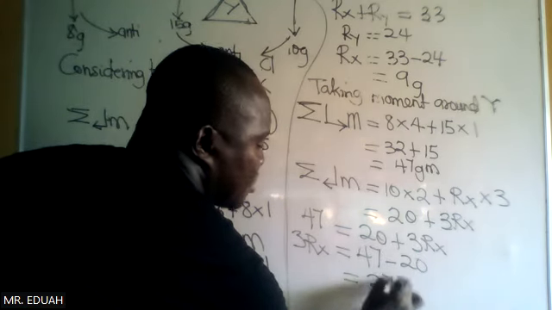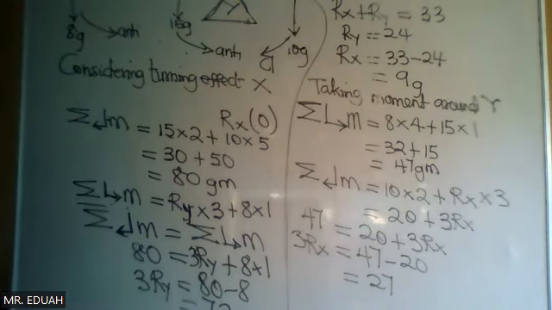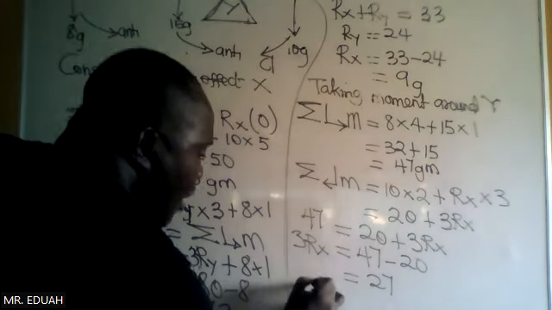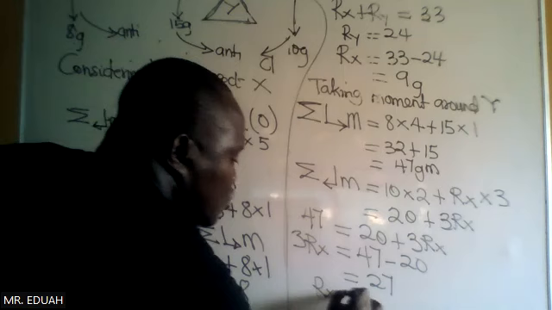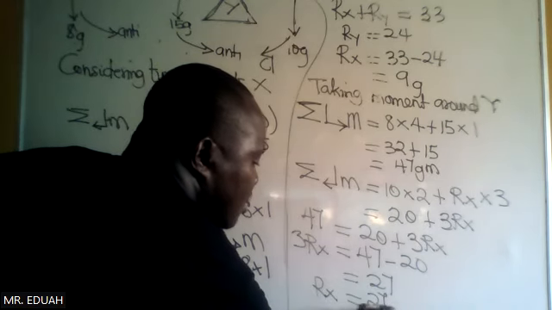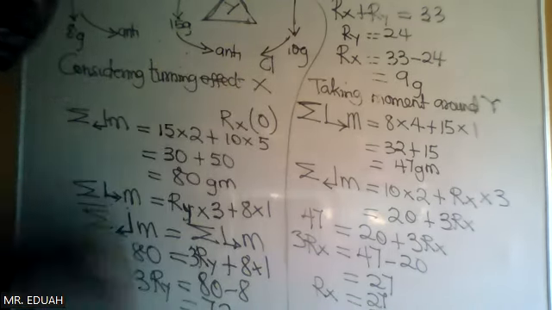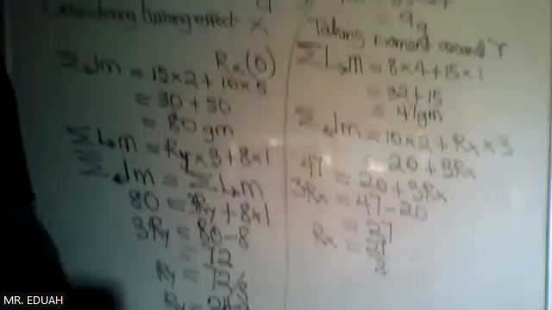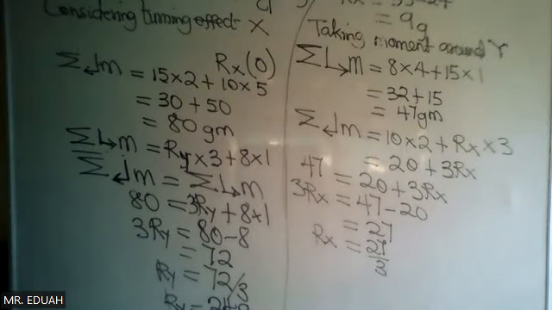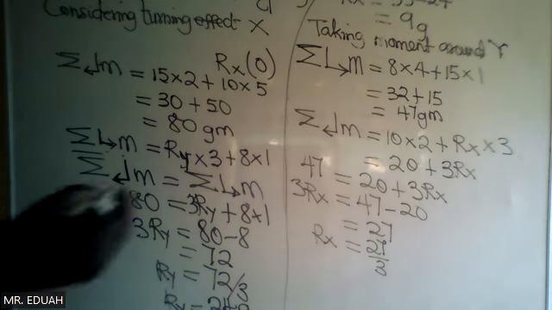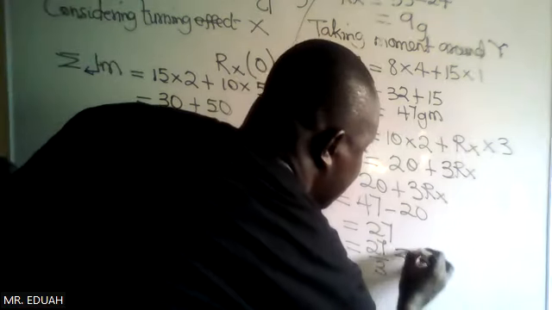This is 27, correct? Yes. Therefore, Rx would be equal to 27 divided by 3, which is 9.